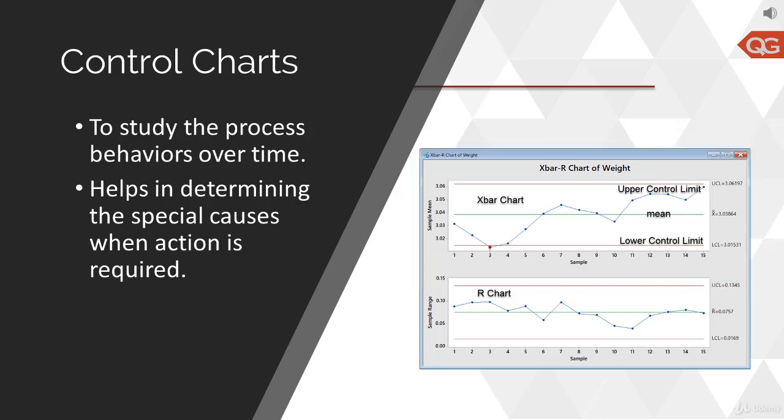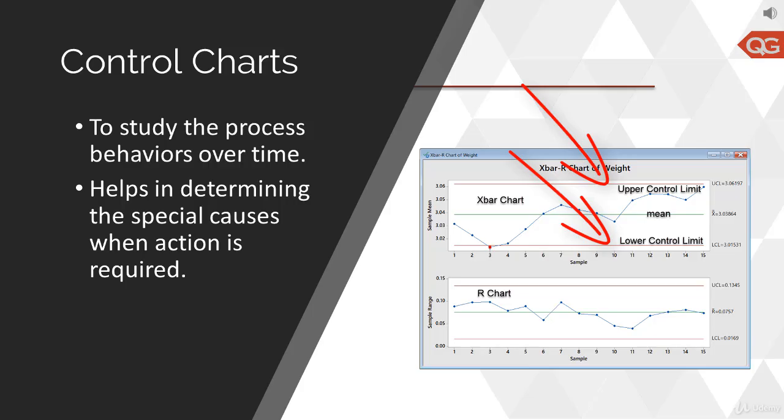In addition to that, a control chart puts upper and lower control limits as well. So from the data which you collect, the control chart will find out which of this variation is the normal variation, or the variation because of common cause, and which of this variation is because of special cause.